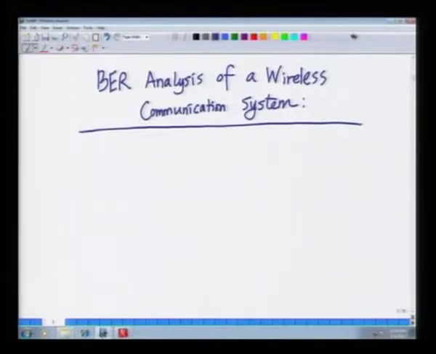All right. And we said previously that a wireless communication system model can be represented as follows, that is y equals h x plus n. We said x is the transmitted symbol, n is the noise at the receiver.